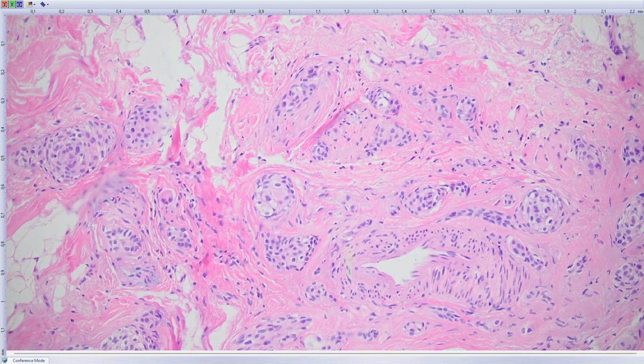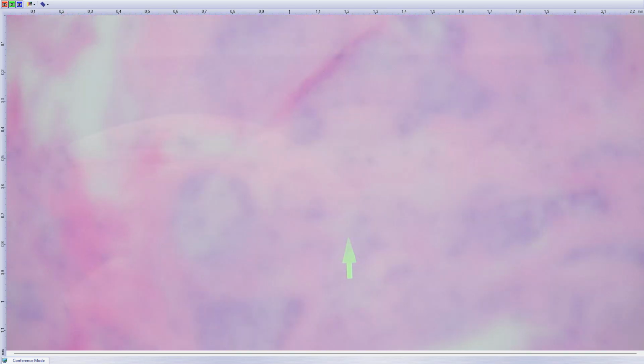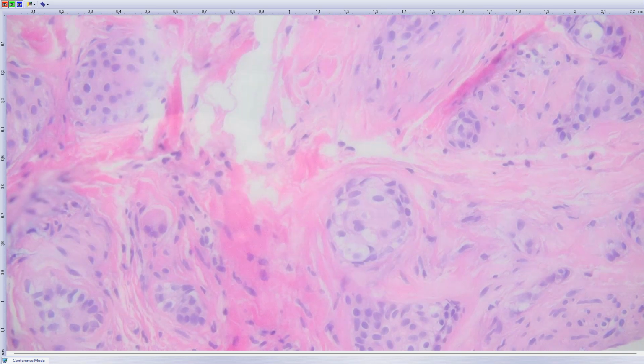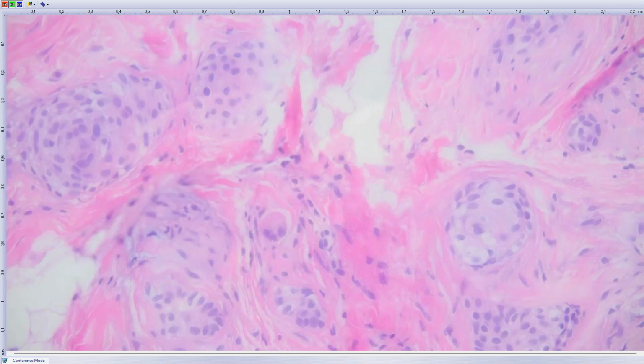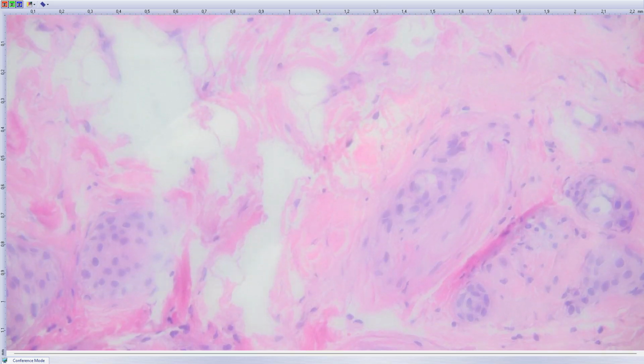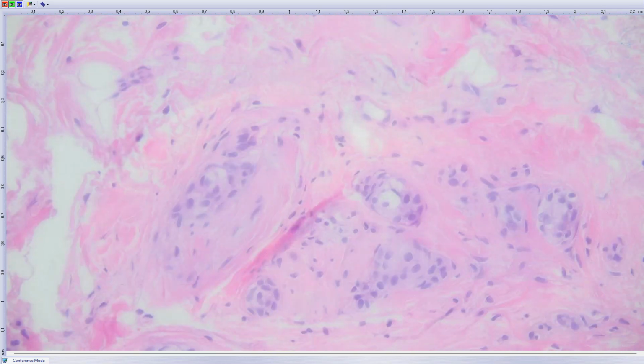But what I do not remember ever having seen are these clear cells. You see them, the clear cell in the middle, or here.